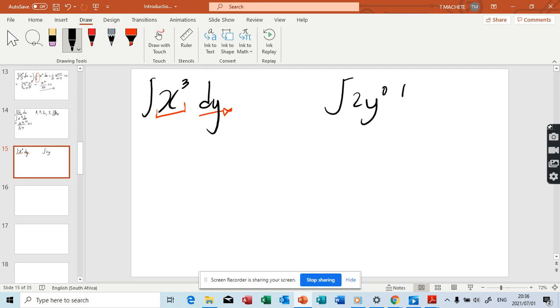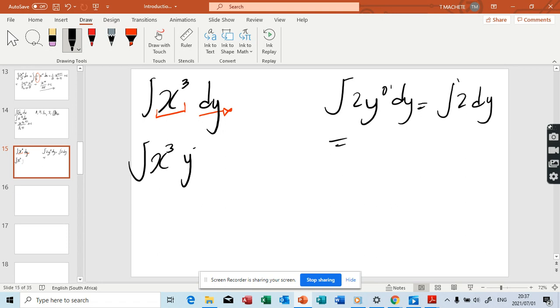Y to the power 0 dy is the same as integration of 2 dy. So now we added 1 here. Just because we're integrating with respect to dy, we're going to say x is our constant, and then we got y to the power 0 dy. Does this make sense, guys?